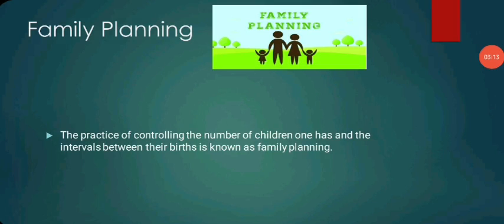To control the number of children and to manage the intervals between the birth of the children, that is called family planning. So family planning is very important for the control of population.